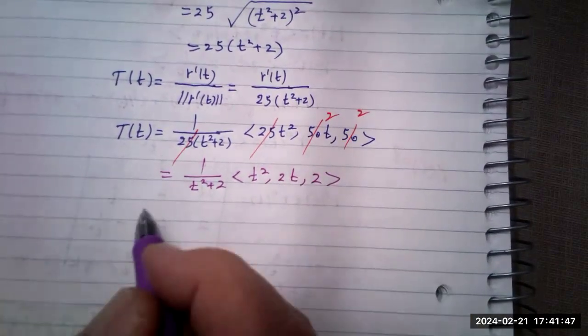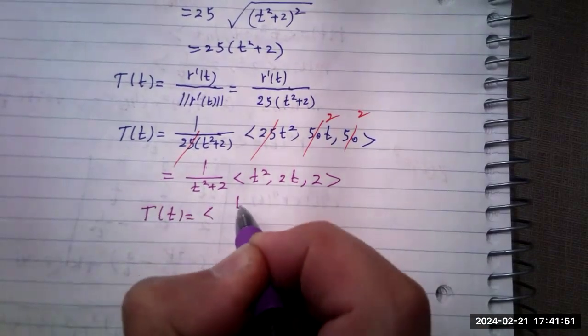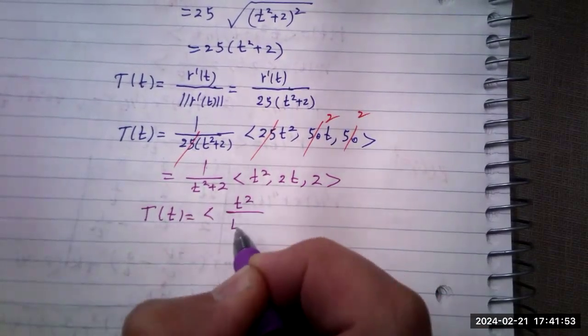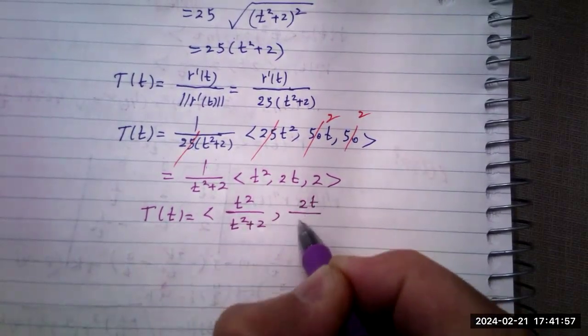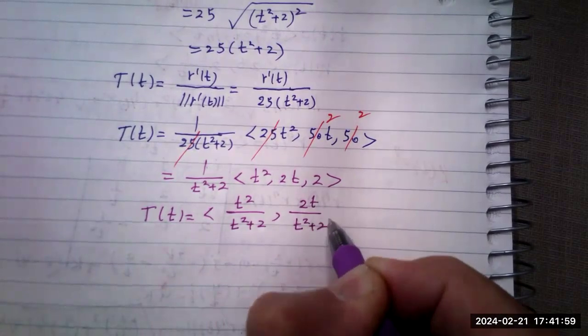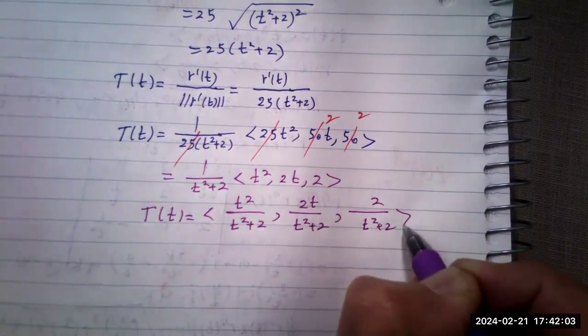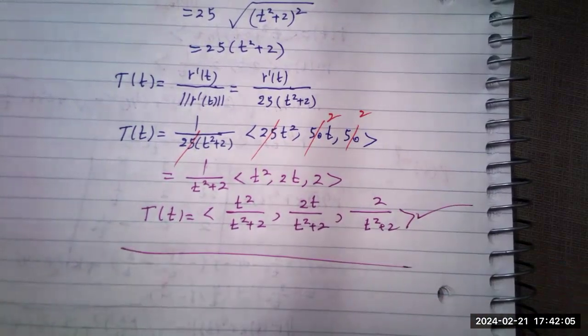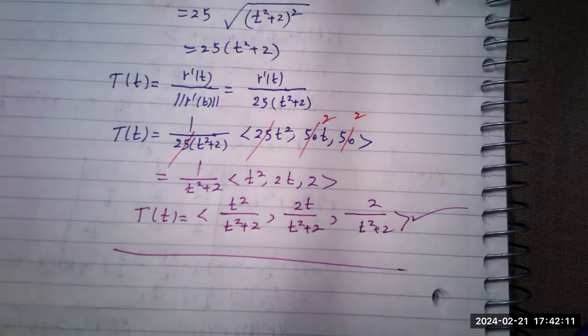So that would be your unit tangent vector: t squared over t squared plus 2, 2t over t squared plus 2, and 2 over t squared plus 2. So that gives you the final answer. If you get a chance, you have to simplify it. Okay, and that was a nice one.